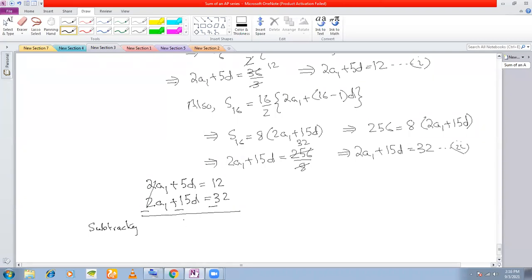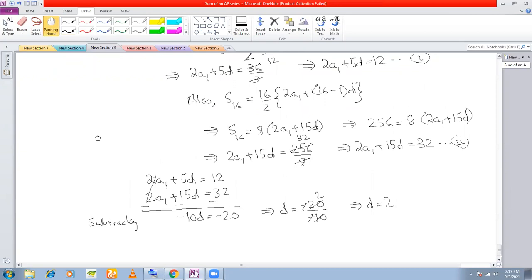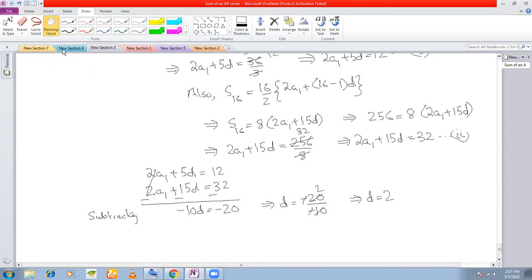So you get 5D minus 15D as minus 10D, and you get 12 minus 32 as minus 20. So you get D is equal to minus 20 divided by minus 10. That means you get D is equal to 2. Okay. So now you can find out the value of A1 by putting it in equation number 1. So putting D is equal to 2 in 1.